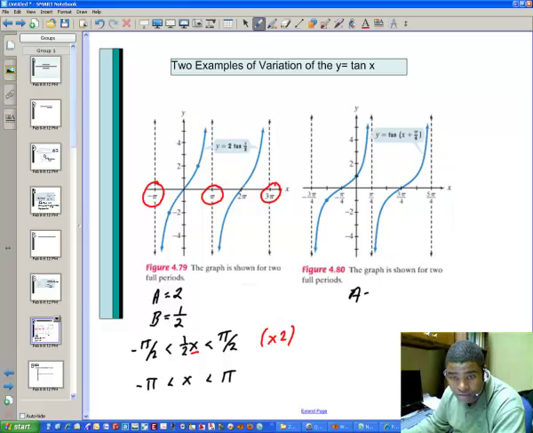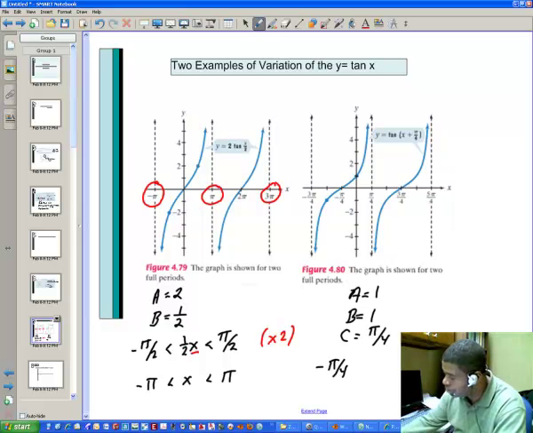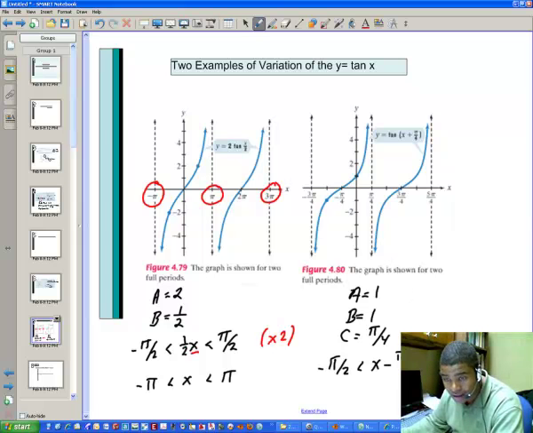We have our A value is equal to 1, our B value is equal to 1, our C value is equal to pi over 4. So again, we plug that into our formula, negative pi over 2 is less than Bx minus C, which is 1x minus pi over 4, is less than pi over 2, and this time we want to add pi over 4 to each term.